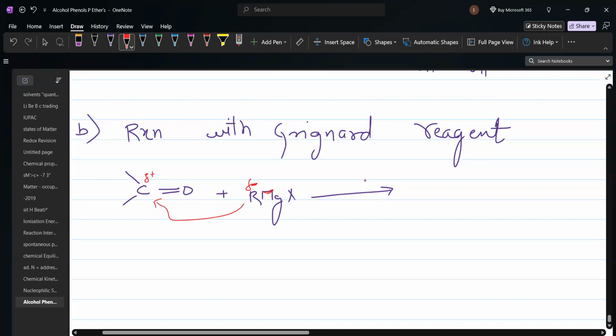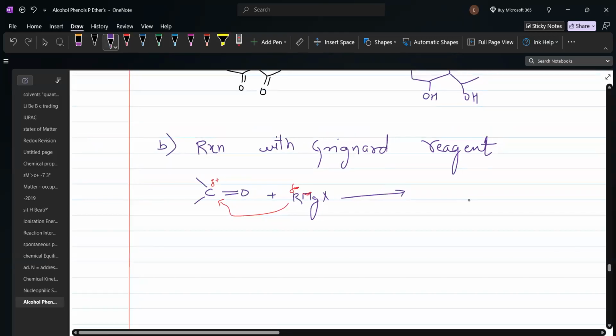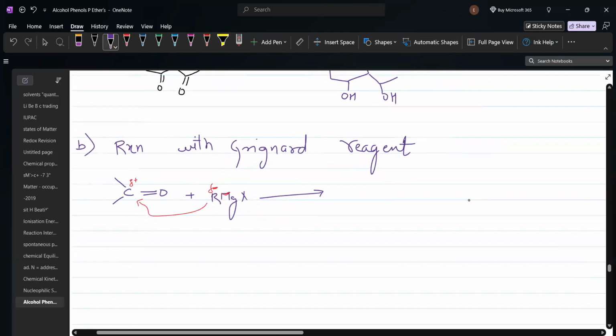So what will happen? An extra R will get attached, and OMgX will form.